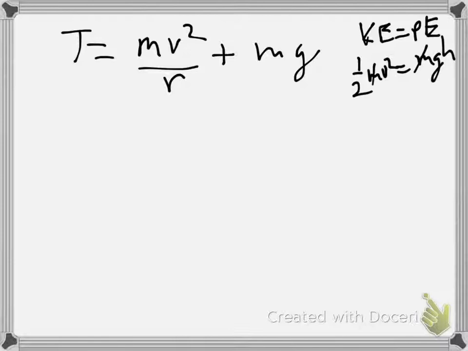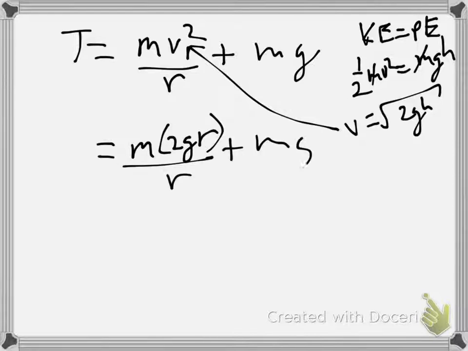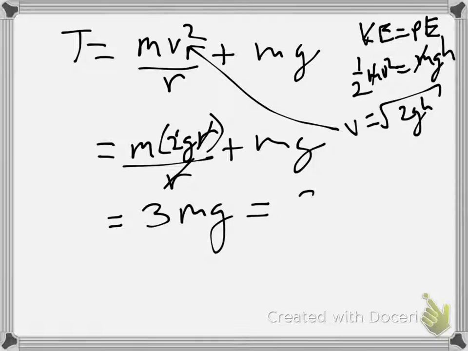The m's cancel and we got v equals the square root of 2gh. Plug that in and you get m times 2g, and it didn't fall h, it fell r, so you get 2mg r over r plus mg. The r's cancel, and you get 3mg, which equals 21 newtons.